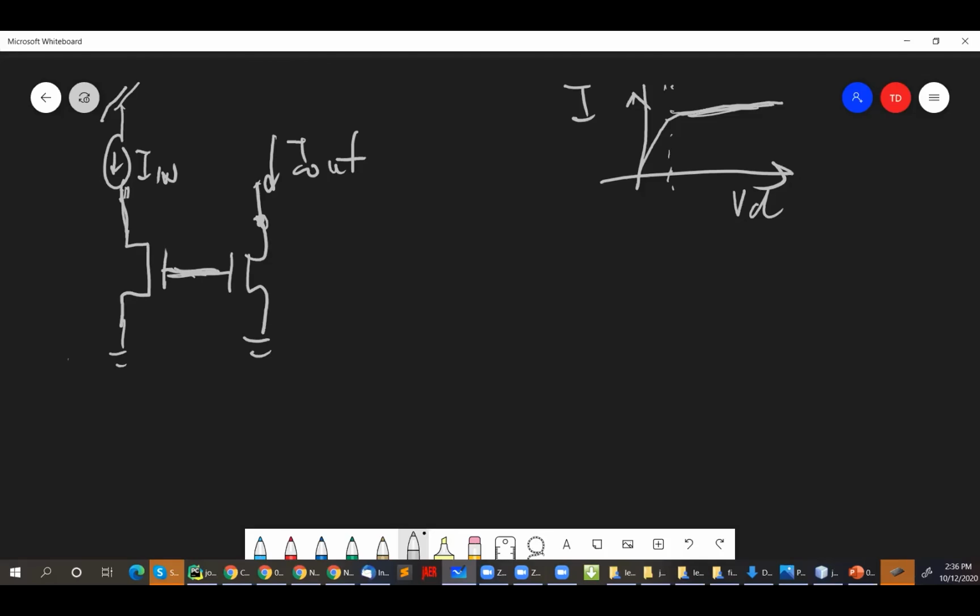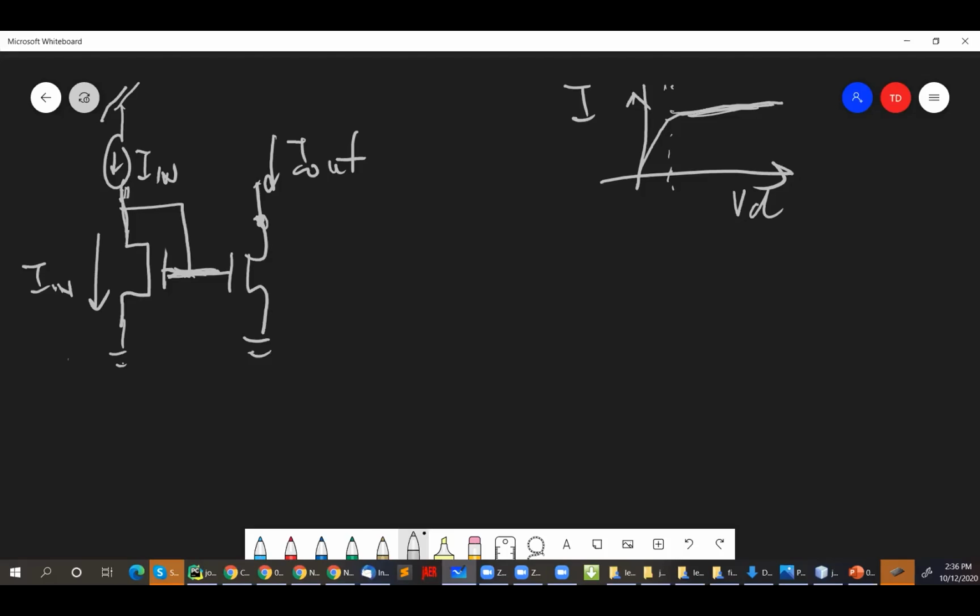The easiest thing is to take a diode, because then the gate voltage here will go to a place where this transistor will also sink I in. And since you have the same gate voltage over here, and this is in saturation, you know that this I out will be equal to I in, assuming that the sizes of the transistors are the same, and also that the source voltages are the same.